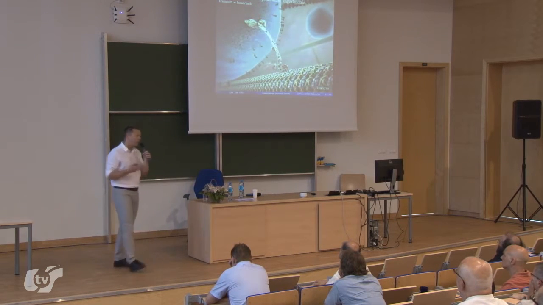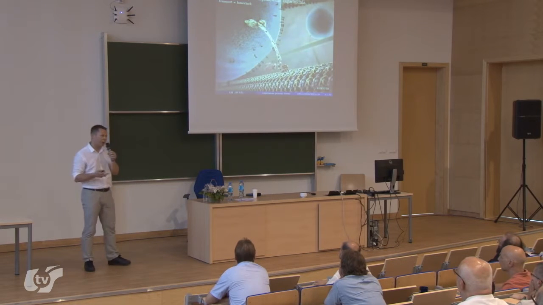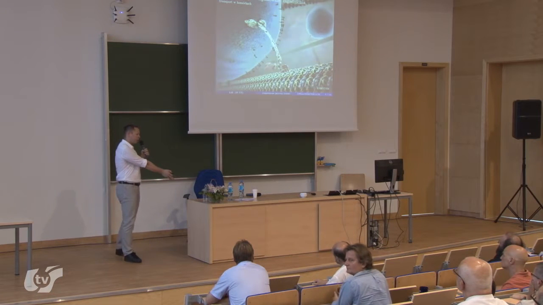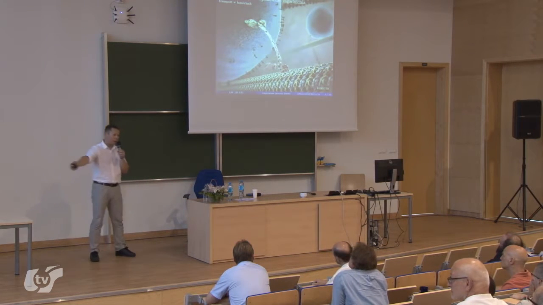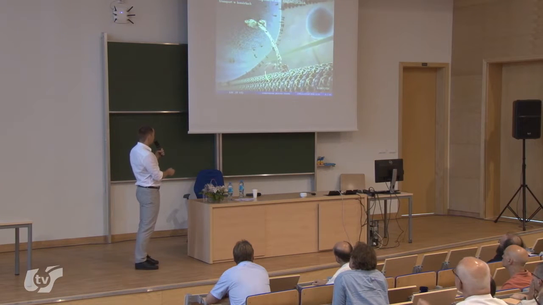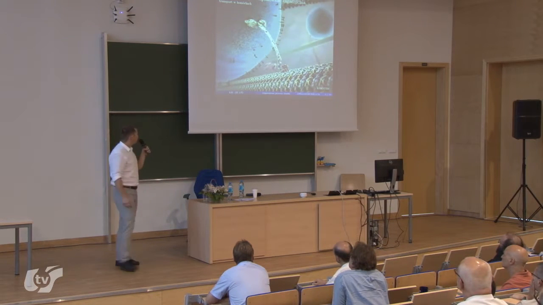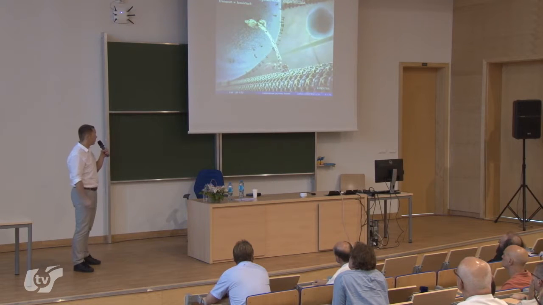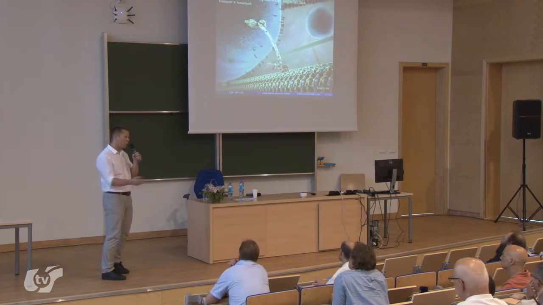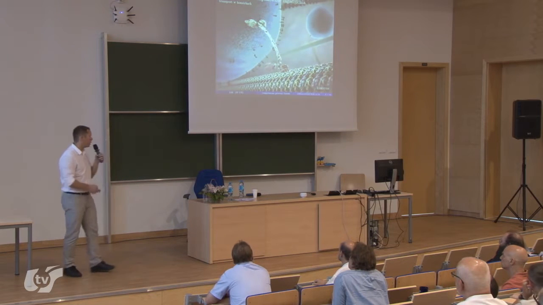That's how active transport in a biological cell takes place. If you want to take a cargo from one part of the cell and transport it to another part of the cell, you have to use one of those motors. This is kinesin, one of several different biological motors that move cargos inside the cell.